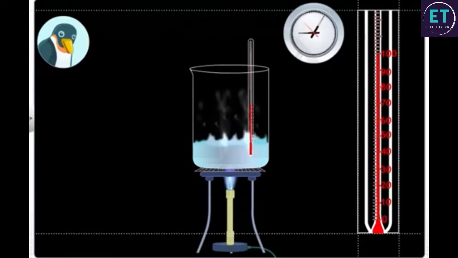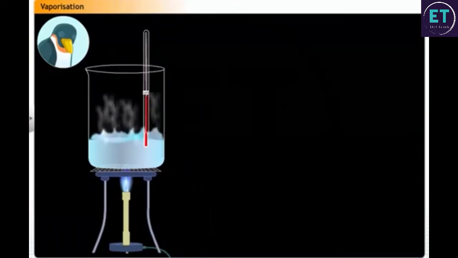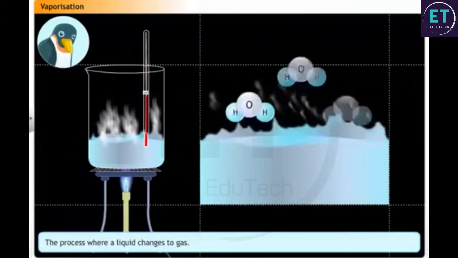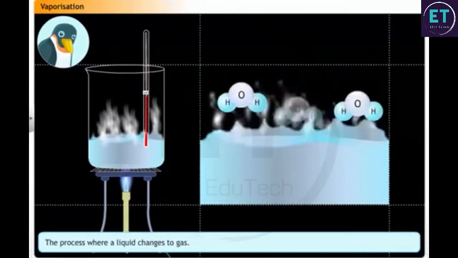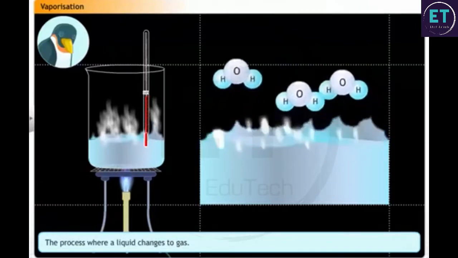Amazing! Why does the temperature not rise further? Water boils at 100 degrees Celsius. At that temperature, it changes from the liquid state to the gaseous state. Just like in the case of ice turning to water, this change of state also requires latent heat.